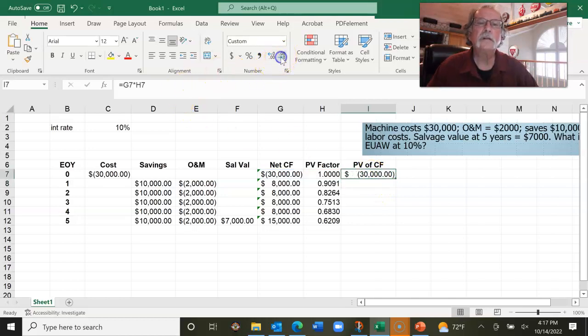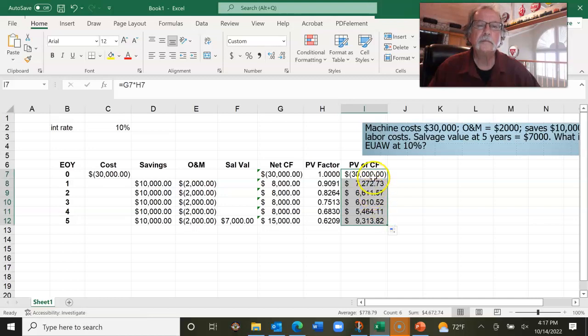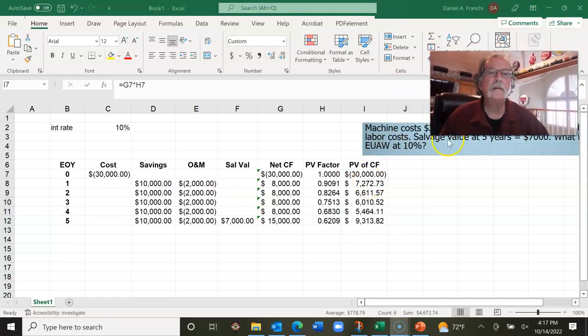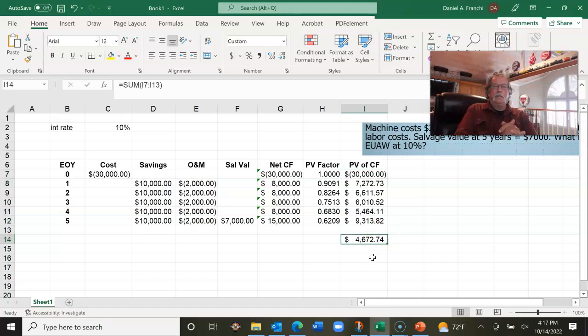Let's tighten that up a little and drag that down. The total is $4,672.74. So that's the present value.